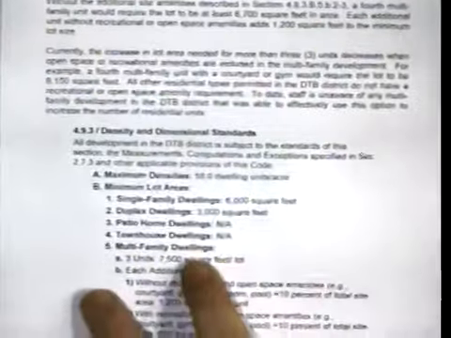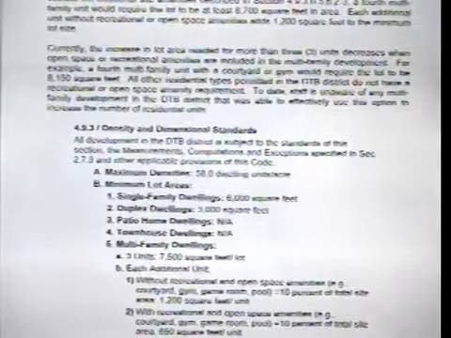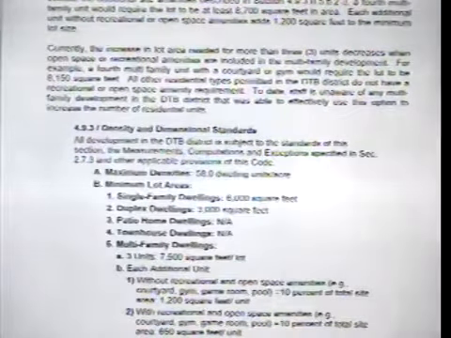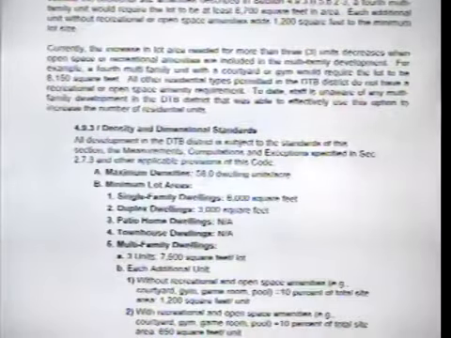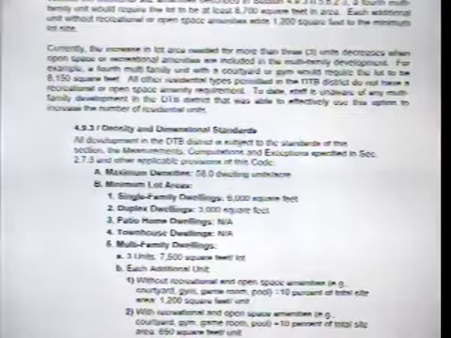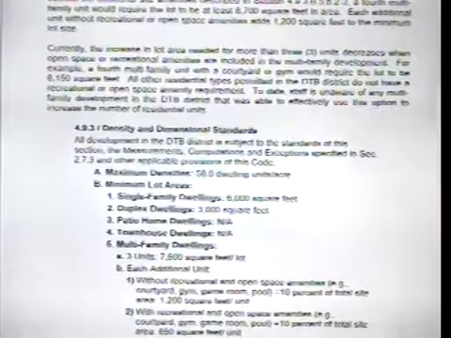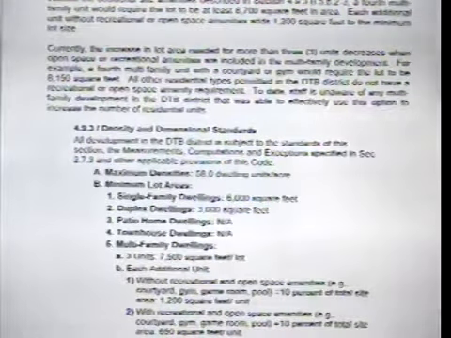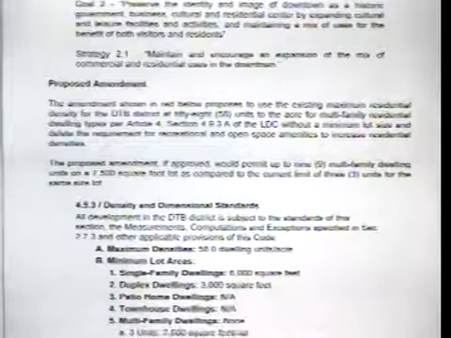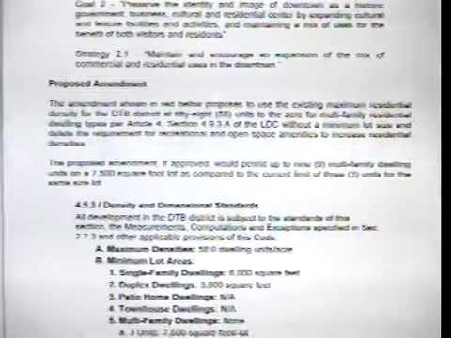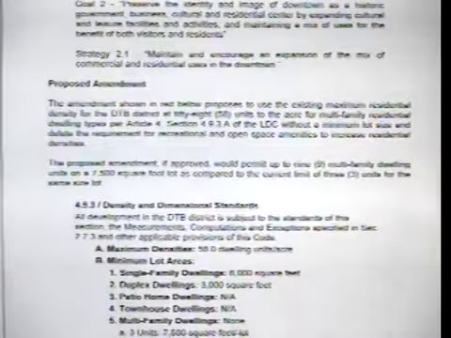So we brought this before the UDC, Unified Development Committee, and it was discussed and unanimously supported that there really is an interest in increasing the density in the downtown business district. One way to do that is to simply go with the base density of 58 dwelling units to the acre, irrespective of lot size.